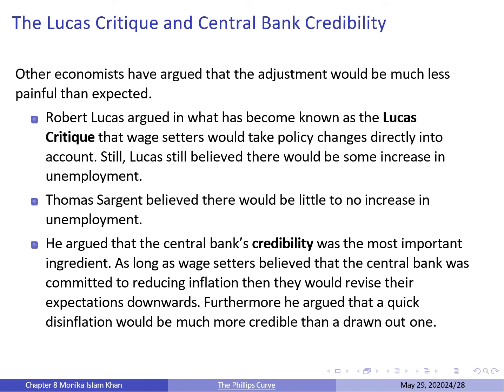Sargent also argued that the central bank's credibility was the most important thing here. As long as wage setters believed that the central bank was committed to reducing inflation, they would revise their expectations downwards. He also argued that a quick reduction in inflation rates would be more credible than lowering the inflation rates gradually over time.